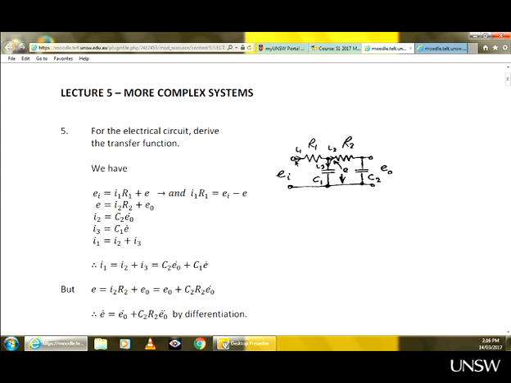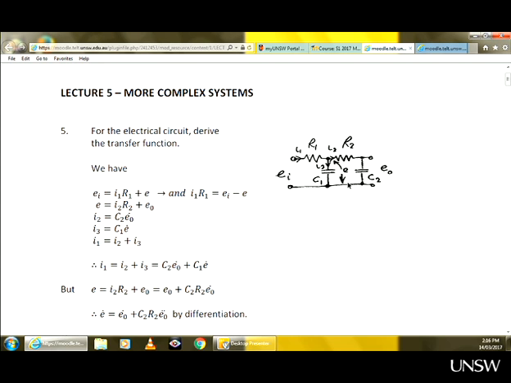So first of all, if current here is I1, here it will be split into I2 and I3. And then we can write a voltage equation for each of the 3 loops here. We are also introducing the voltage across this capacitor, which will be E. So we are introducing some intermediate variables that we are going to get rid of later in the process of modeling.